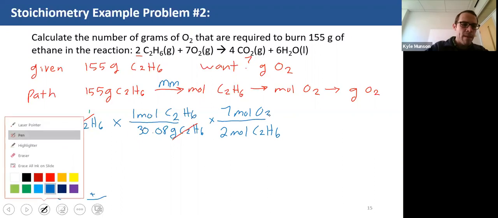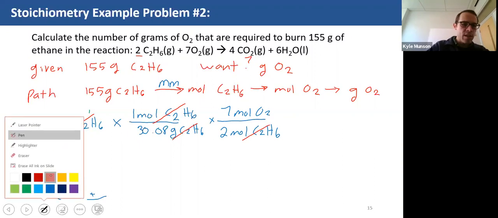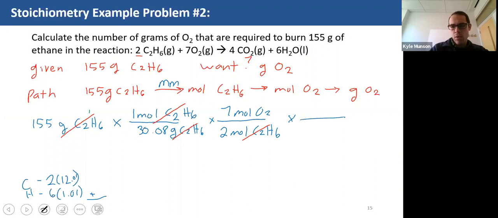Now moles of ethane cancel out. I'm at moles of oxygen, and I want to convert to grams of oxygen, so I use the molar mass. For every 1 mole of oxygen, that's 16 times 2, so 32 grams per mole.